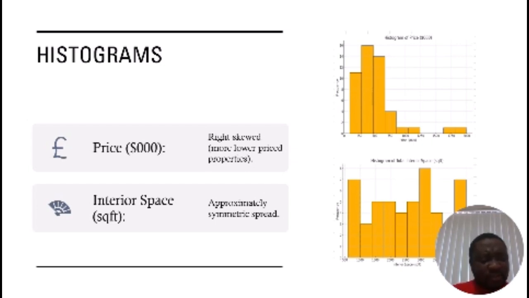From the first histogram, you can see the frequency on the y-axis is from 0 to 16, while the price in $1,000 is from $250 to $2,000.